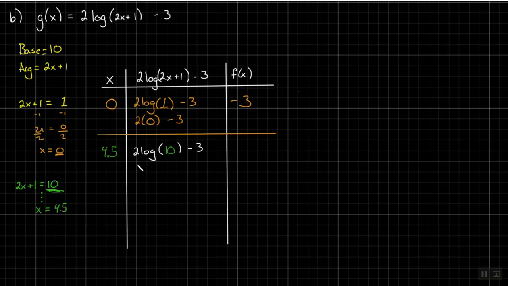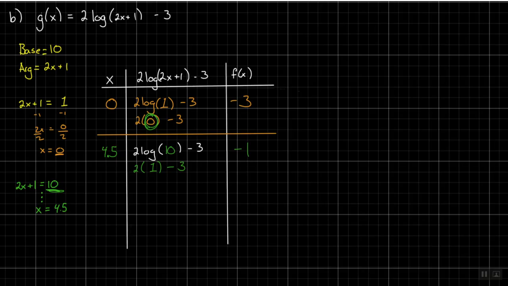Okay, now again, same thing, 2 times, and let's think this out. 10 to what power is 10? The 1. Notice, here's the 0 that we talked about. Here's the 1 that we've talked about. And what's 2 times 1? Minus 3? Negative 1. I just got the value 4.5 comma negative 1 on my graph.